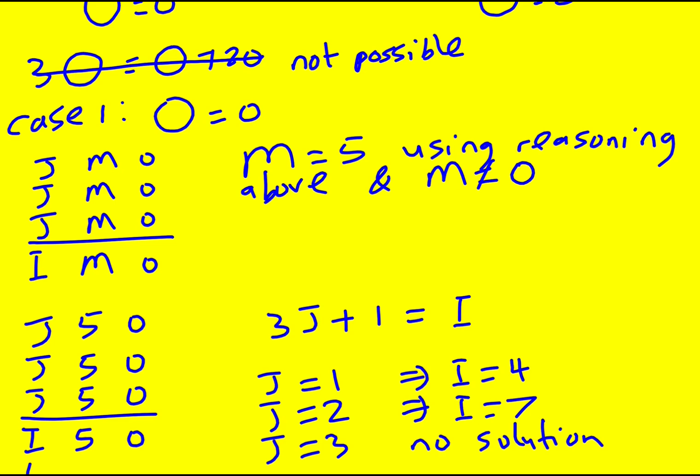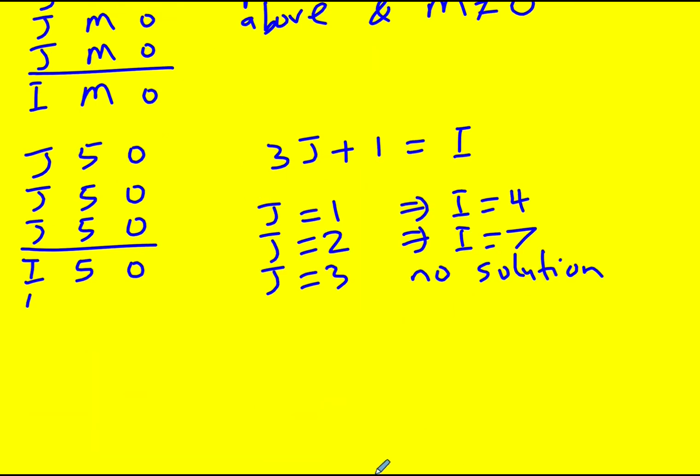So as long as you're explaining along the way why you haven't missed any solutions out, why we can stop there, then I think that should be okay. And we found our first set of solutions then. So we're going to have 1, 5, 0.